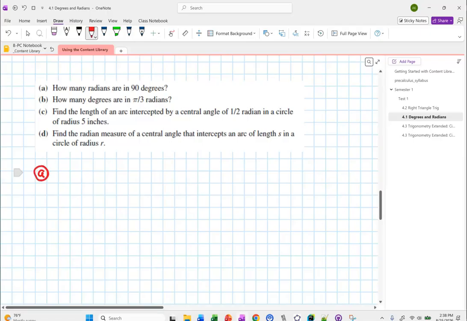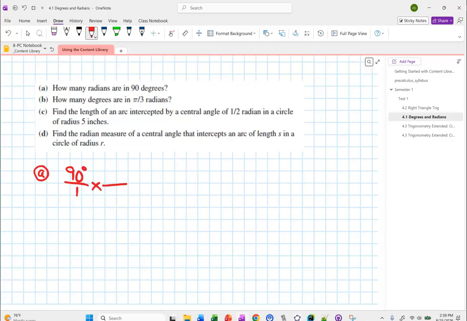So our first example asks, how many radians are in 90 degrees? I'm going to do this problem just like I would a unit conversion in my chemistry class. I'm going to start with 90 degrees as a fraction over 1. Since I have degrees in the numerator, where does degrees have to occur in my conversion factor?